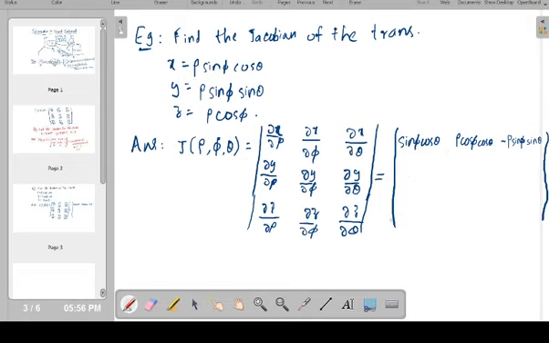Likewise you find all the entries, and finally you will get the answer to be rho square sin phi. I am not going to spend time on this.